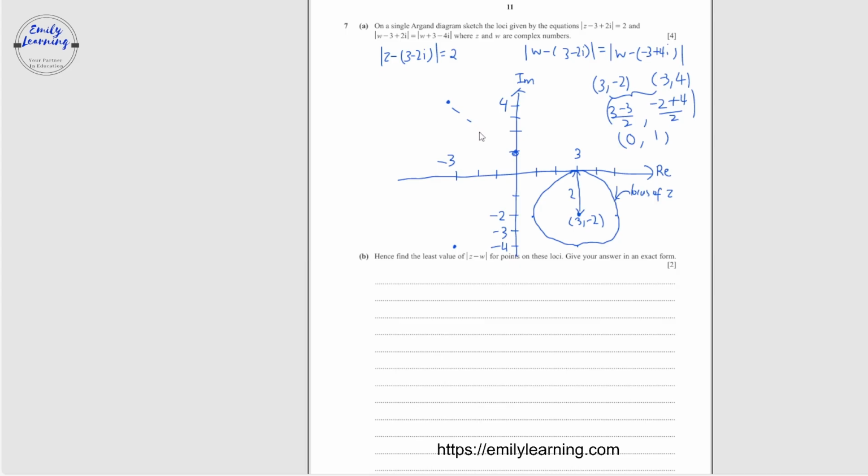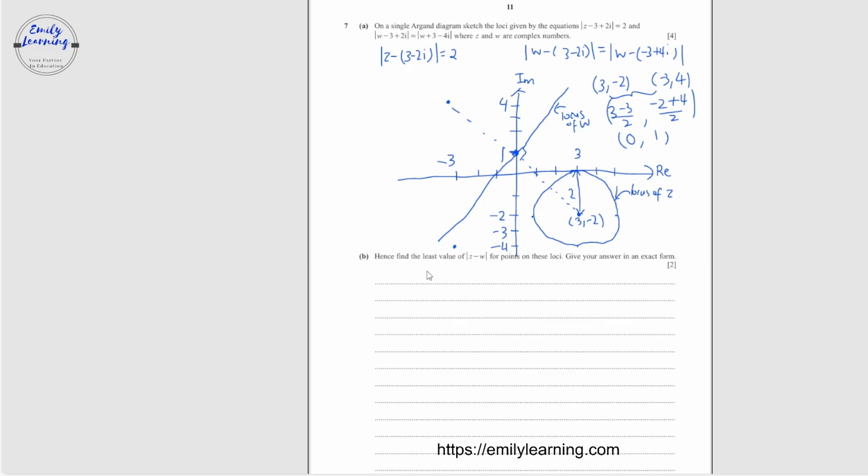So here, okay, let me draw this line here. So this is the locus of W. Okay, this one is 1. Right. So next you're asked, hence find the least value of modulus Z minus W for points on these loci.